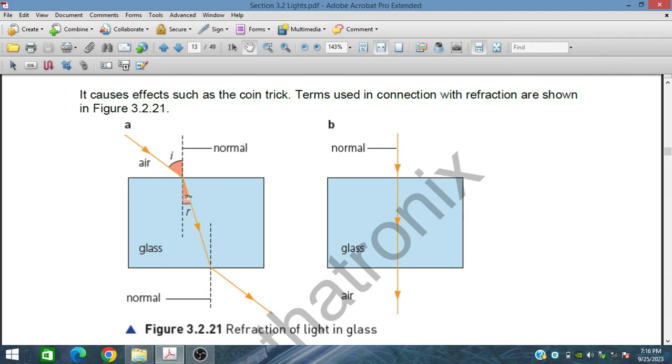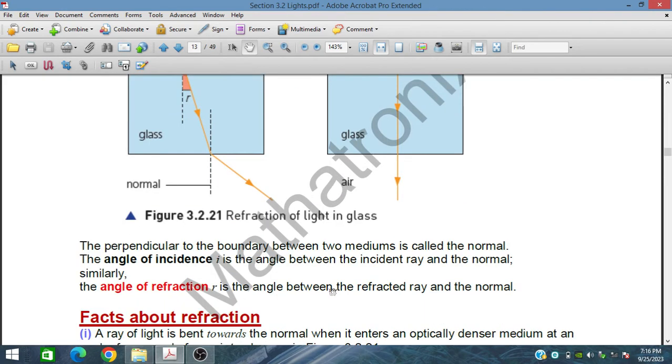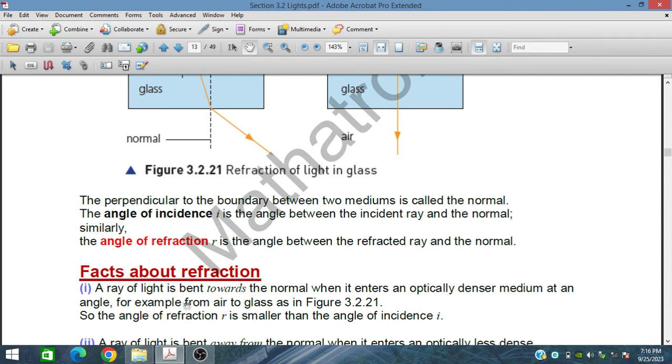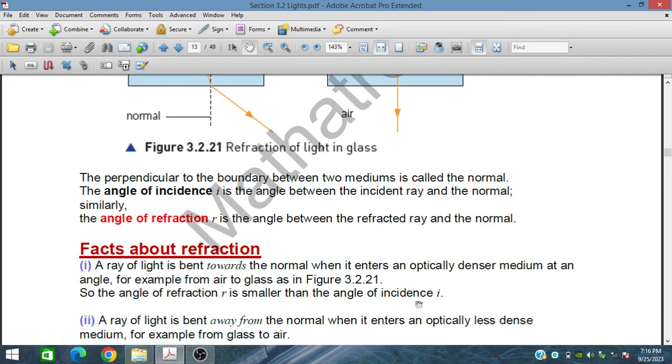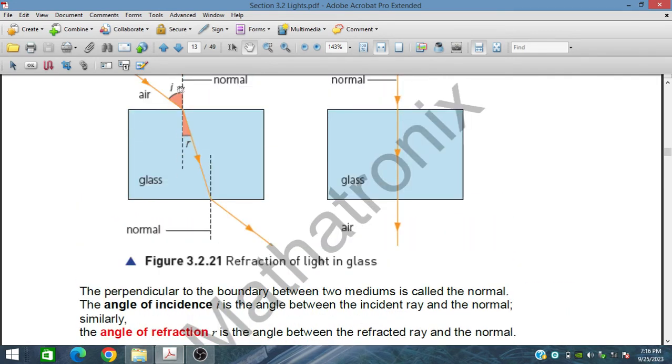Rather, it is bent to this position. For example, from air to glass in figure 3.21, the angle of refraction is smaller than the angle of incidence. So the angle R is smaller than the angle I. This angle is larger and this is smaller.